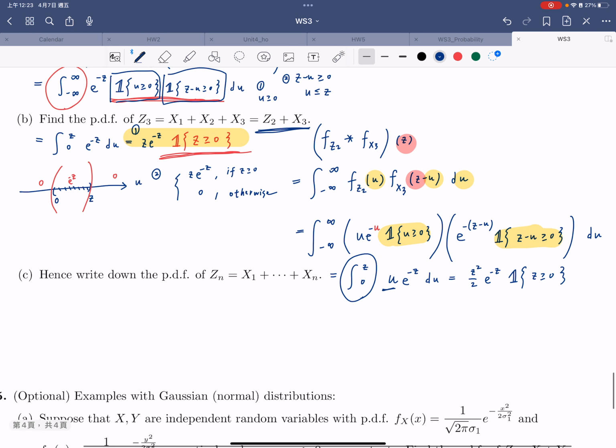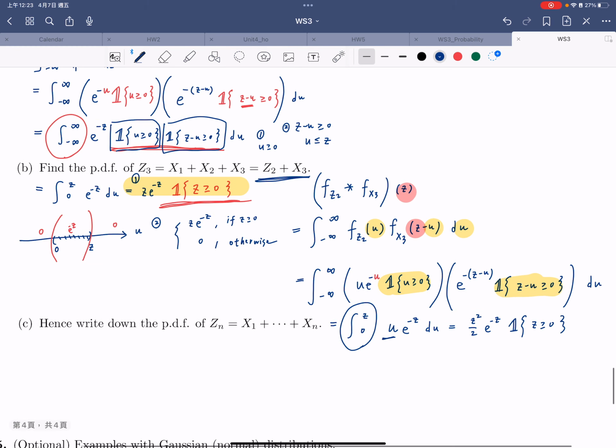Okay, so I think you have noticed the rule, the trend of it. If you want to add another one, from the first one it is z, you add a z here, right? And the second one you add a z squared over 2. So it's like a Taylor series. It's like exponential expansion, right?